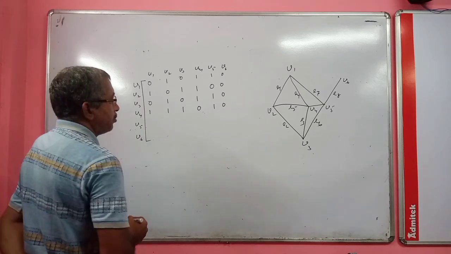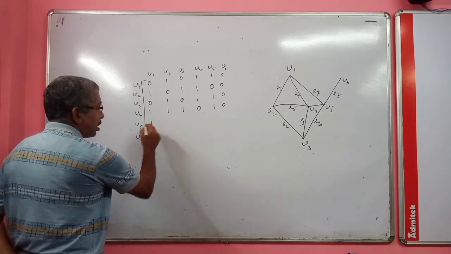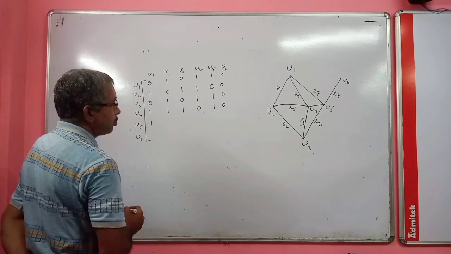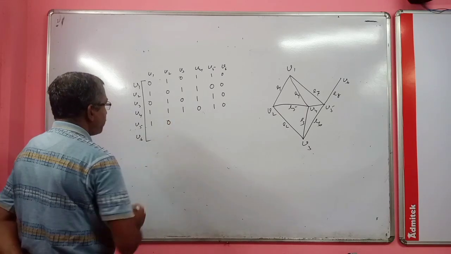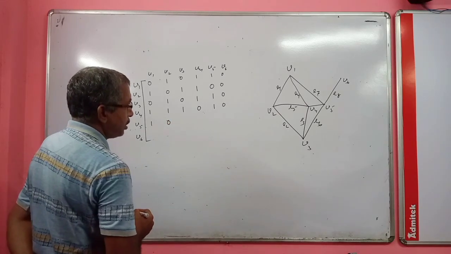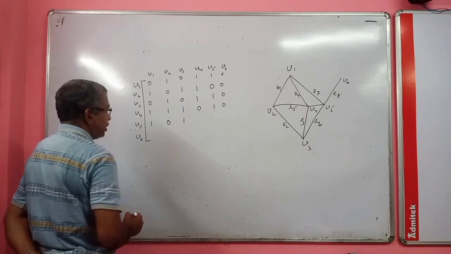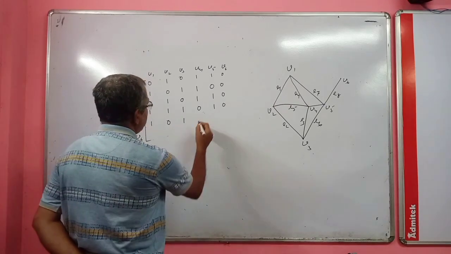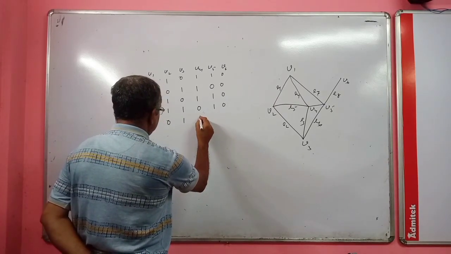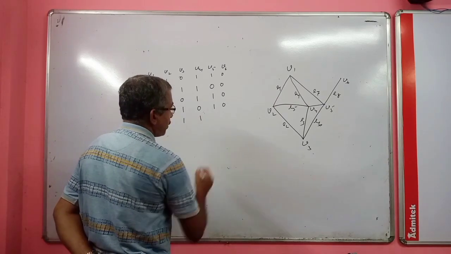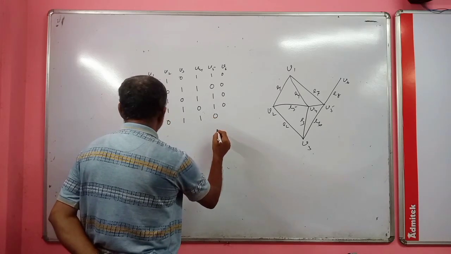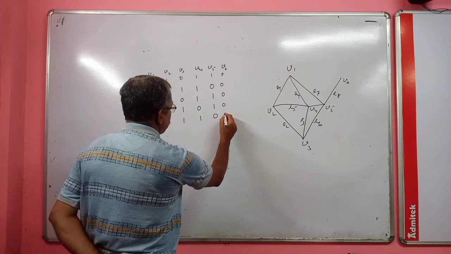V5 to V1 1. V5 to V2 0. V5 V3 1. V5 V4 1. V5 0. V5 V6 1.